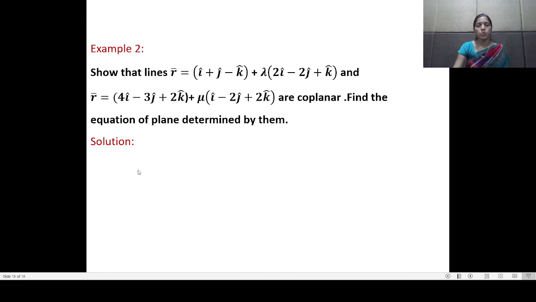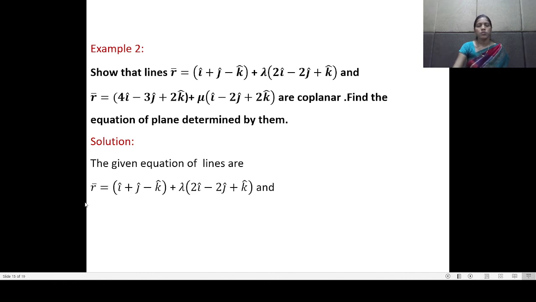So first we can write the given equations of lines. First line is r bar is equal to i cap plus j cap minus k cap plus lambda in bracket 2i cap minus 2j cap plus k cap, and another line is r bar is equal to 4i cap minus 3j cap plus 2k cap plus mu in bracket i cap minus 2j cap plus 2k cap.